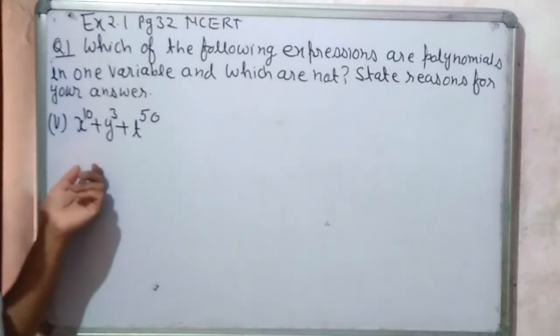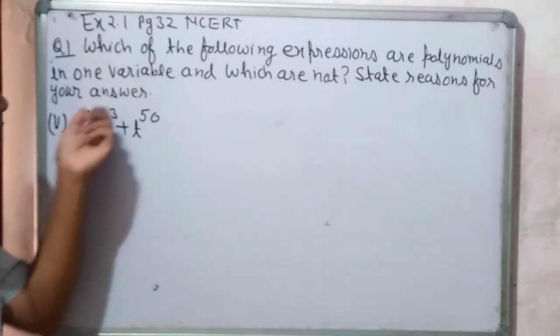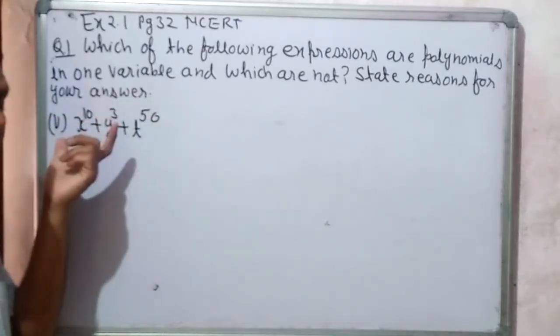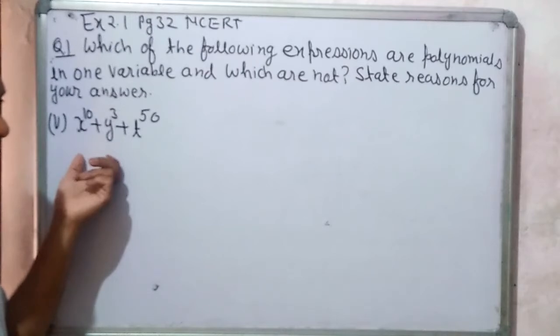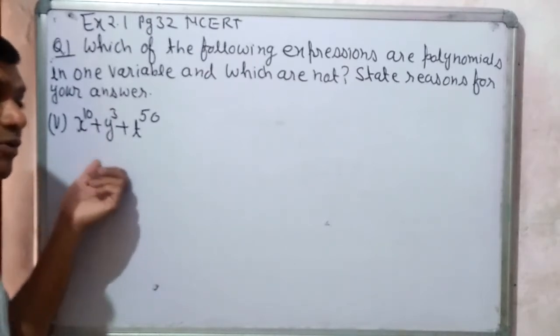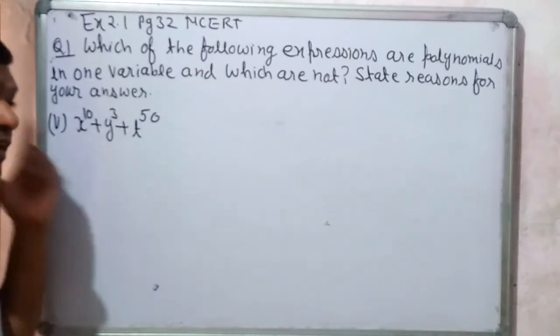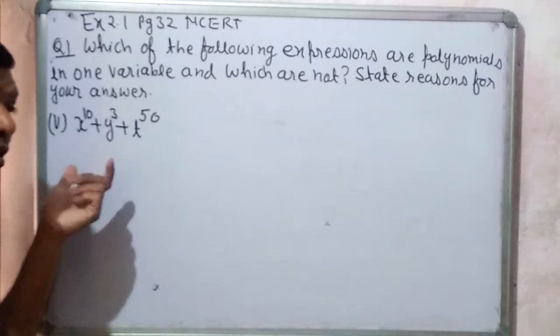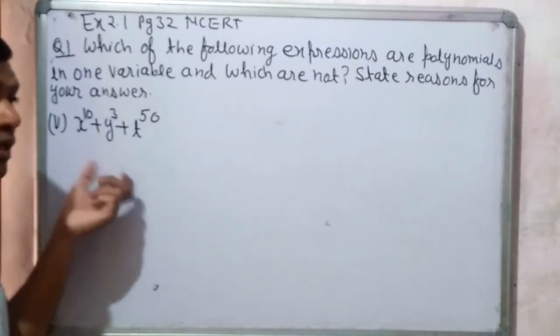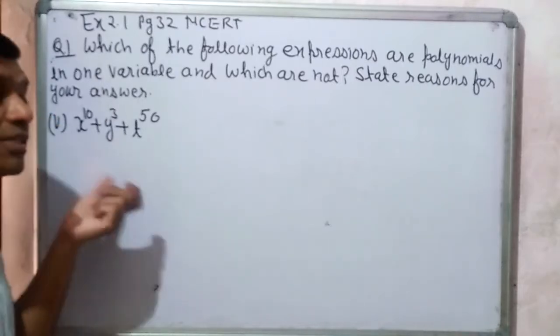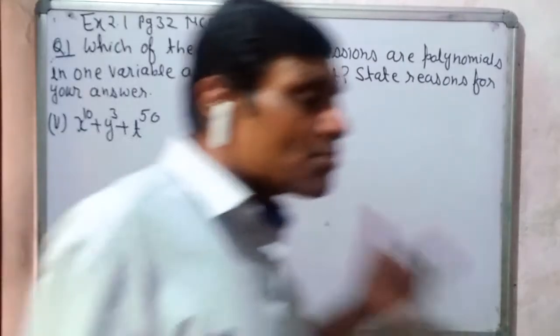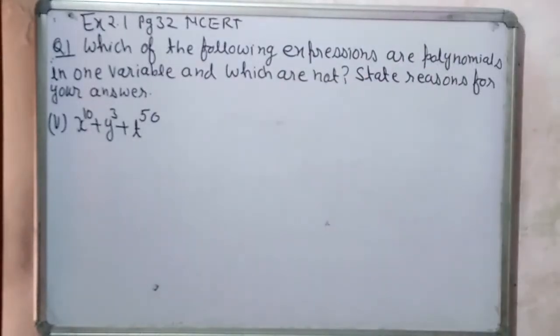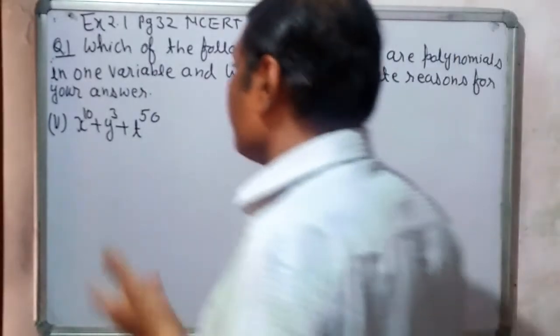Even then, let us check it for a polynomial. Are the powers of the variables whole numbers? Yeah. So, does it fit into the category of a polynomial? It fits into the category of polynomial because all the powers are whole numbers. But it doesn't fit into the category of a polynomial in a single variable, in one variable.